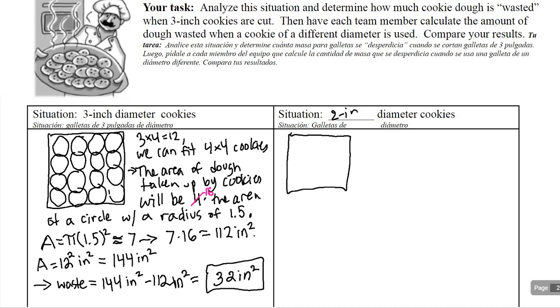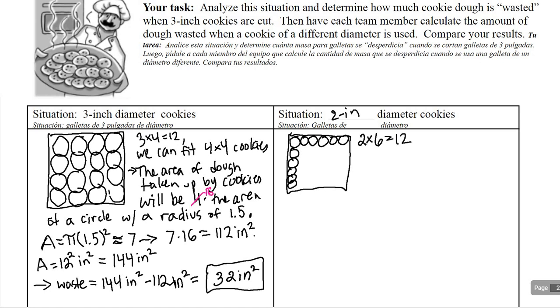So first, again, I'm going to find the area of just the cookies. Area of a single cookie is equal to pi r squared. Here r is 1, not 2. Be careful. 2 is the diameter. So pi times 1 squared, which is just pi. And I need to multiply that by 36 because I'm making 36 cookies.